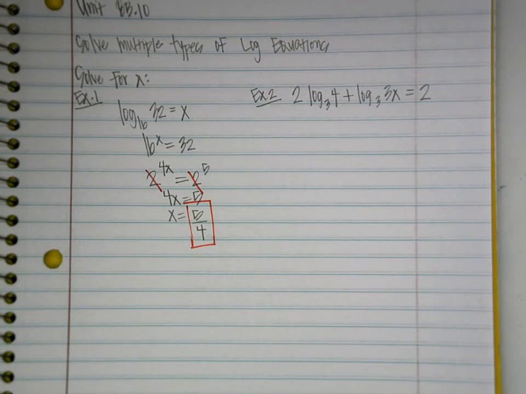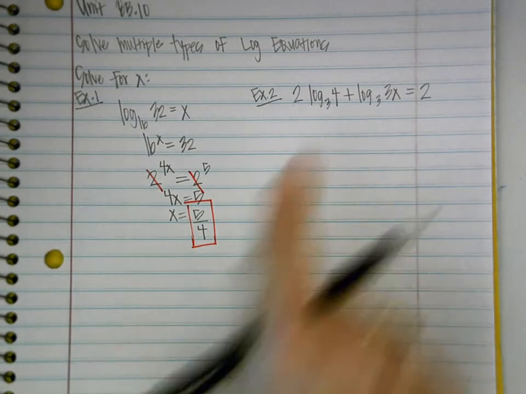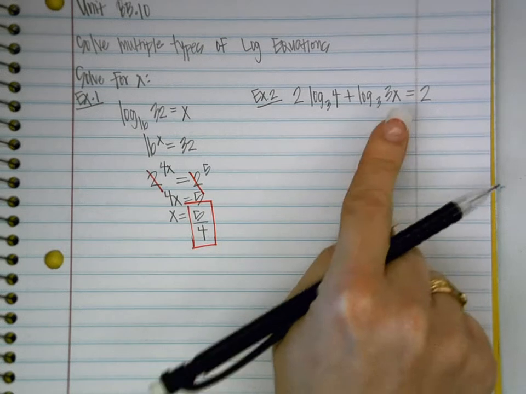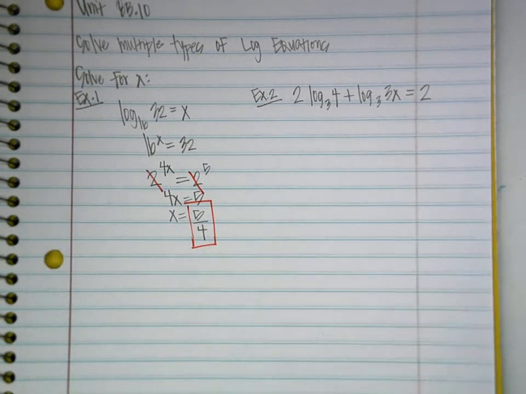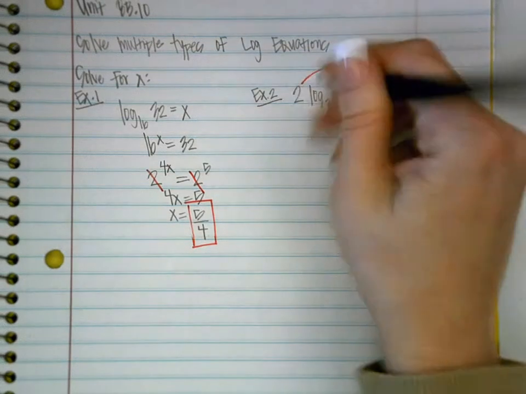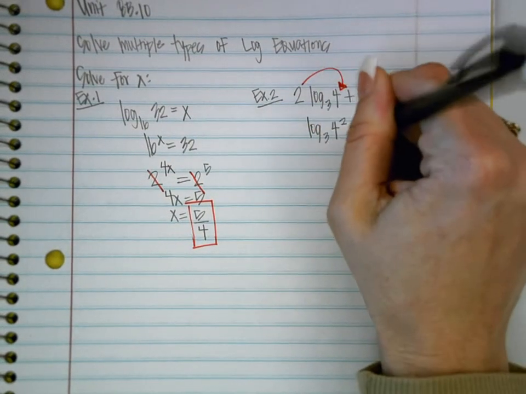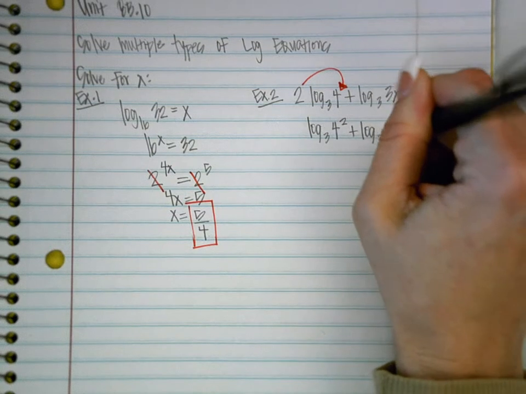This is almost just like what we were doing yesterday. Before you can do anything to solve, you have to condense. What's the first thing we should condense here? Use the power rule, right? So you move the 2 up to make a power. Log base 3 of 4 squared plus log base 3 of 3x equals 2.